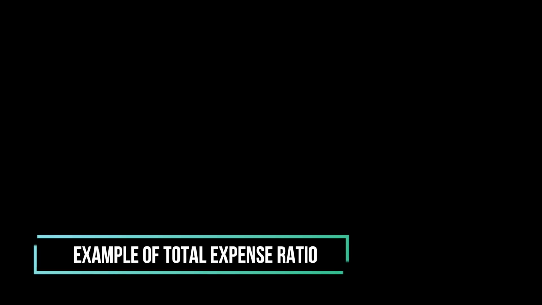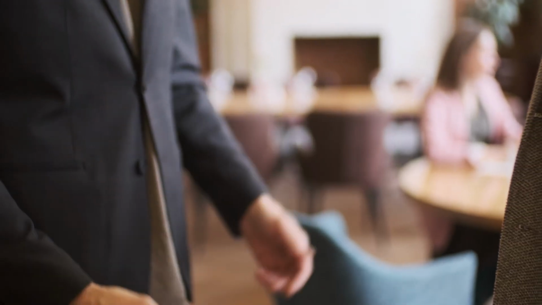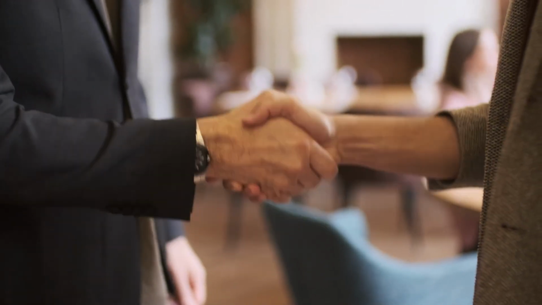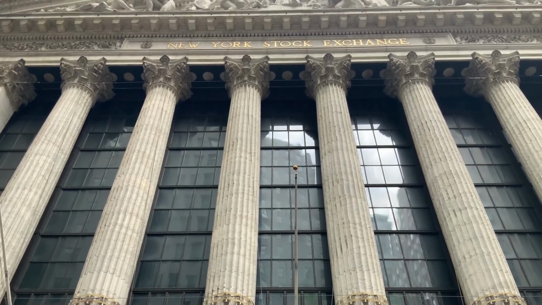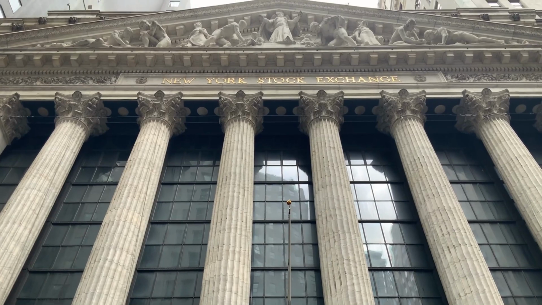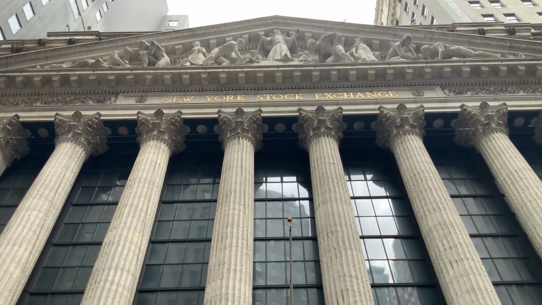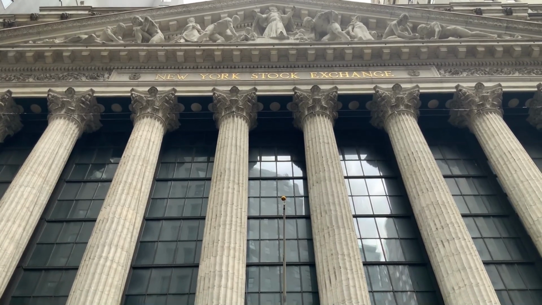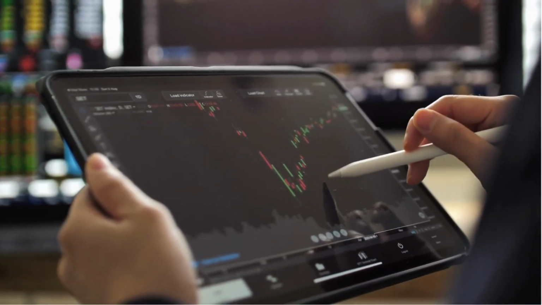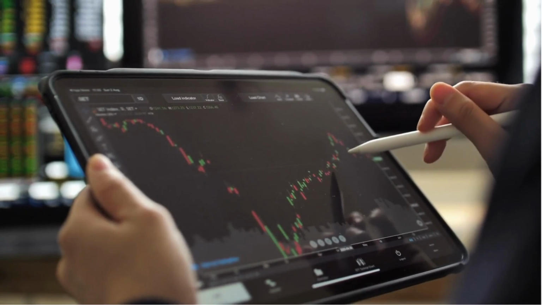To better understand the impact of TER on your returns, let's consider an example. Suppose you are considering investing in two different funds, Fund A and Fund B. Fund A has a TER of 1%, and Fund B has a TER of 2%. If you invest €10,000 in each fund, Fund A will deduct €100 in expenses, leaving you with €9,900 to generate returns.